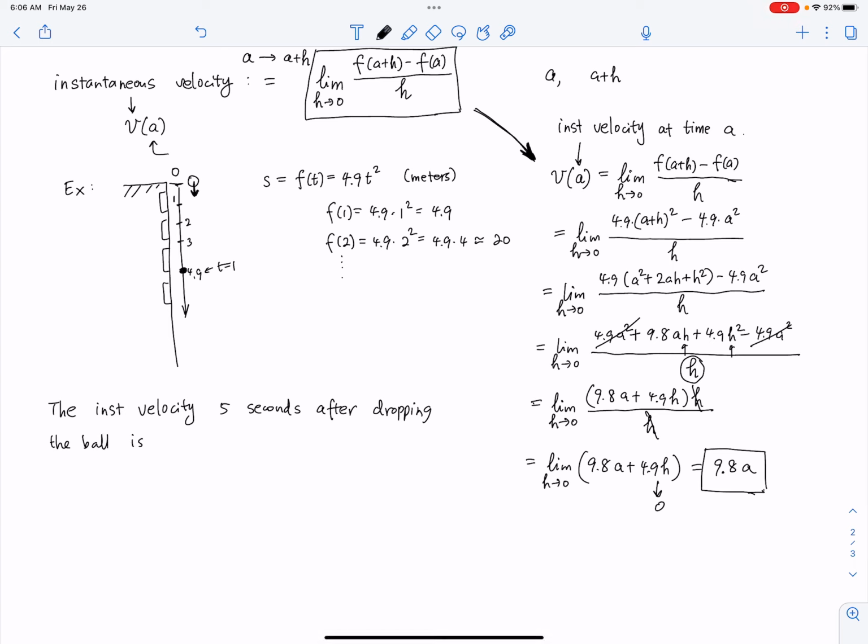So that's a equals 5. So the v is equal to 9.8 times 5. That's 49 meters per second. This is the velocity.